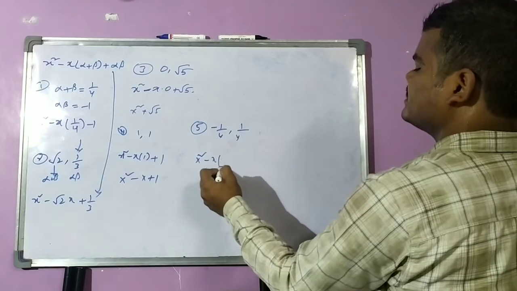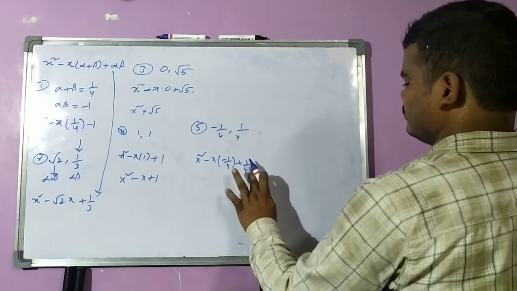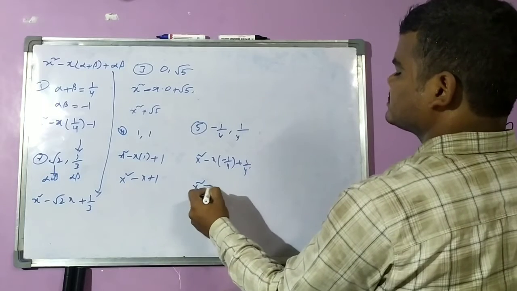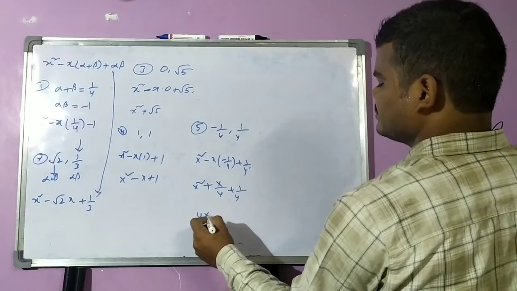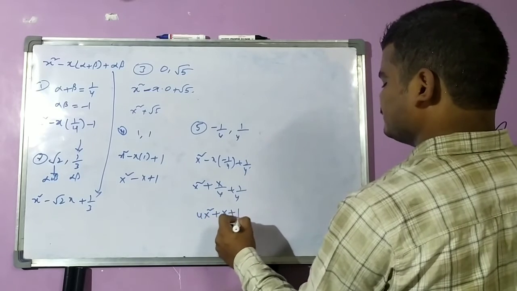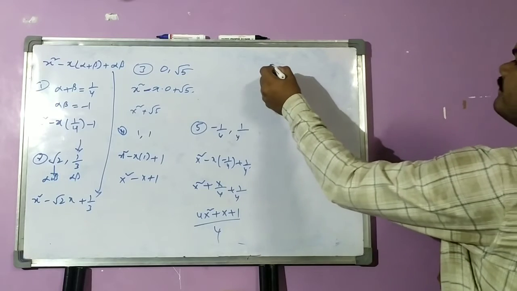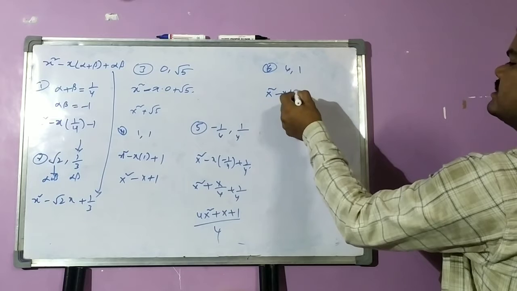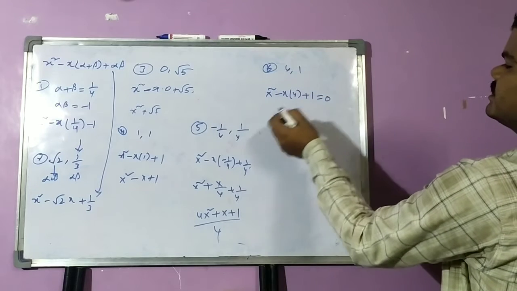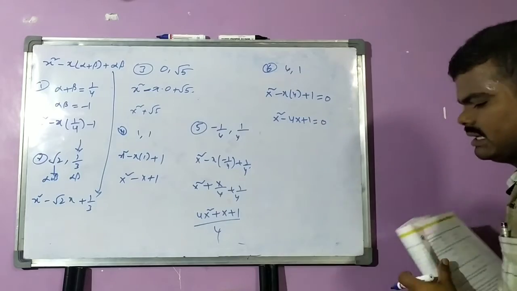X square minus x into minus 1 by 4 plus 1 by 4. Now x square plus x by 4 plus 1 by 4, which gives 4x square plus x plus 1 by 4. Last one. 4 comma 1. X square minus x into 4 plus 1 is equal to 0. X square minus 4x plus 1 is equal to 0.